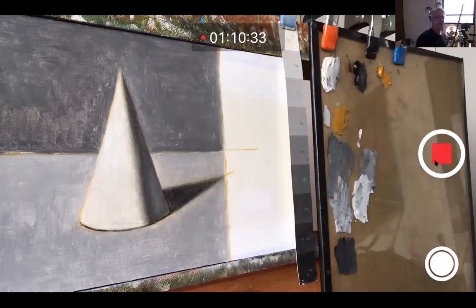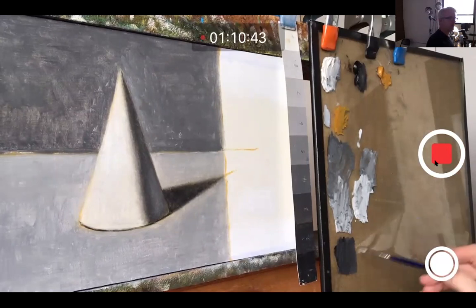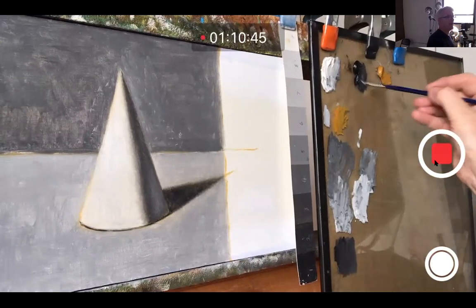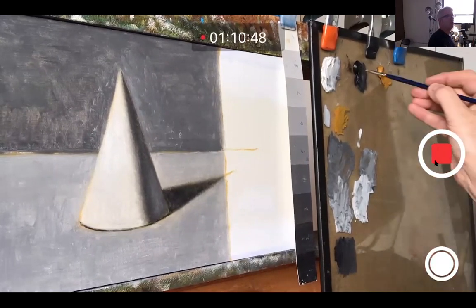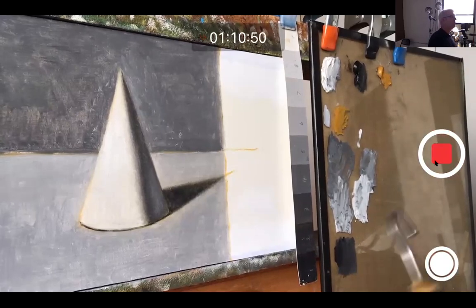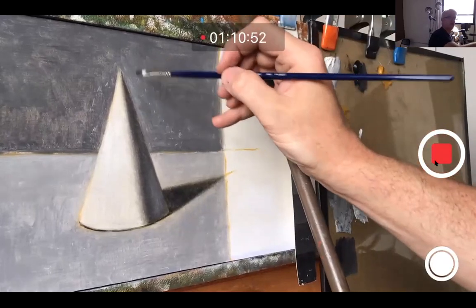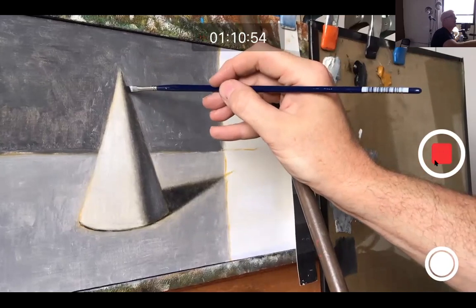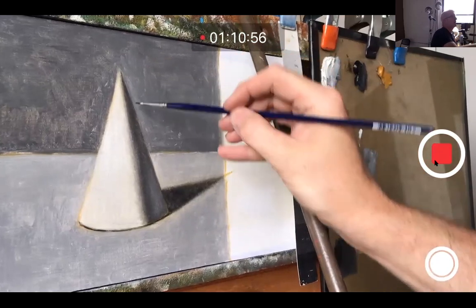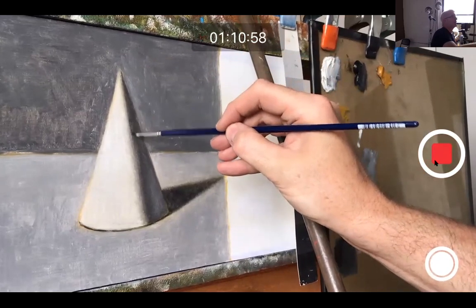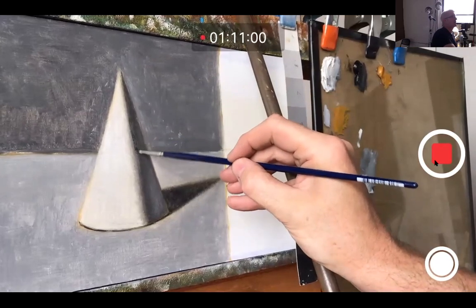So what's another element of light and shadow that we've talked about, but we haven't indicated on this form? We talked about it when we were talking about lights and darks, and that artist who did that video we watched, he talked about this pretty extensively.